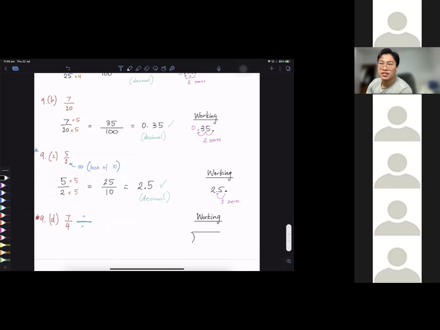Ooh, Maluka, fantastic. Mohammed, 50-50 chance. It's not the 7. It's the 4. That's correct. So the denominator goes on the outside. The numerator, which is the 7, goes on the inside.